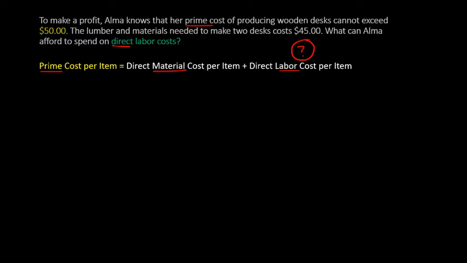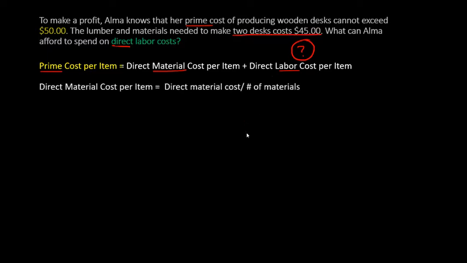Direct material costs: they mentioned that the lumber and materials needed to make 2 desks cost $45. So we ask ourselves, if materials for 2 desks cost $45, what does one set of materials for a desk cost? Well, if it's 2 for $45, we take $45 and divide by 2, and we find that the direct material cost per item is $22.50.